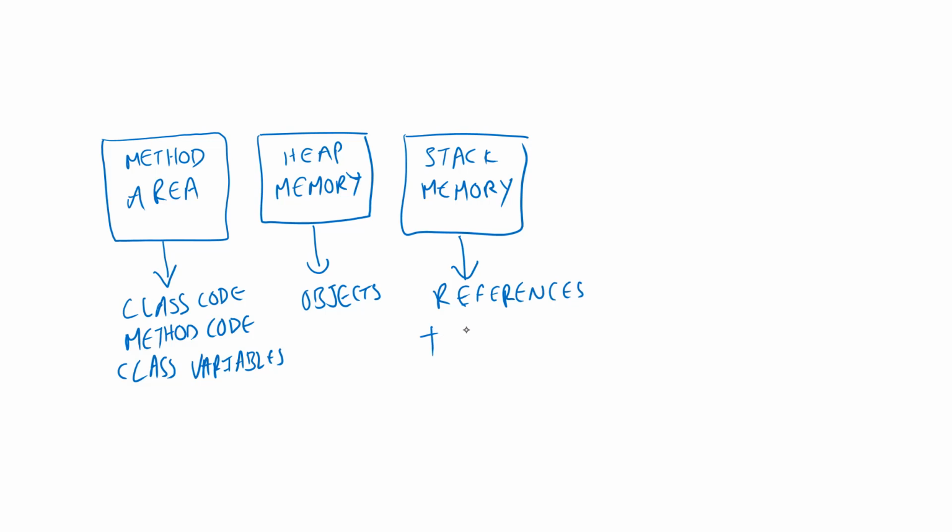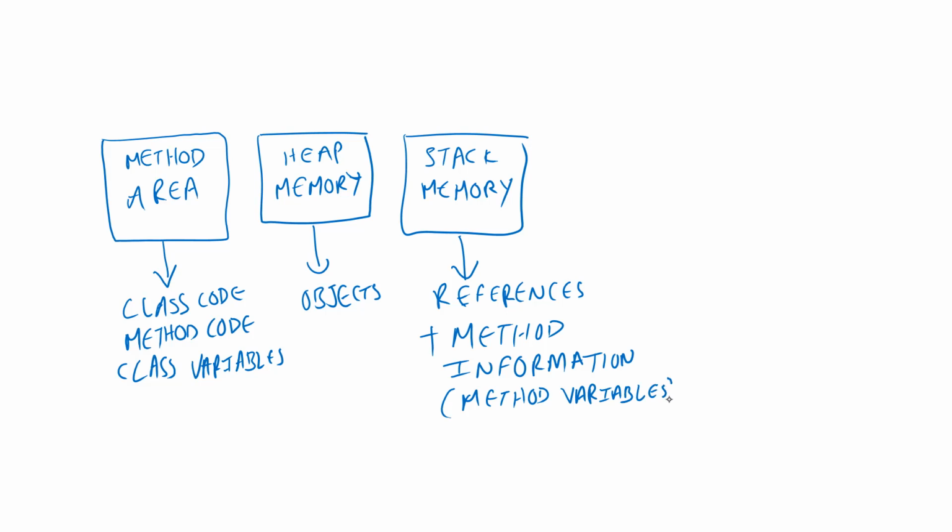Plus, it also stores the information of methods at runtime. That means method variables. So the method area stores the class variables, heap memory stores the objects, and stack memory stores the method variables.